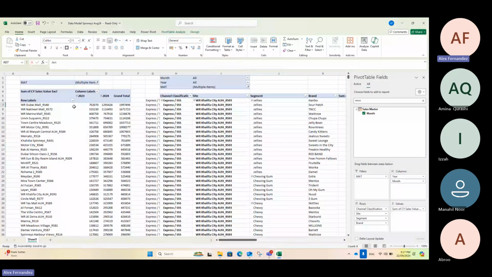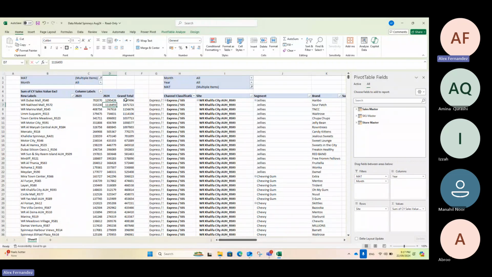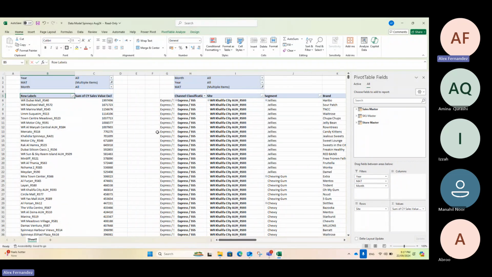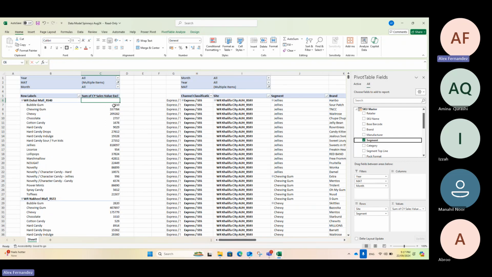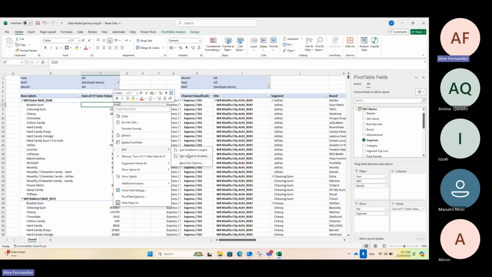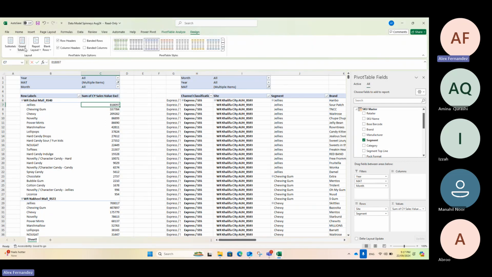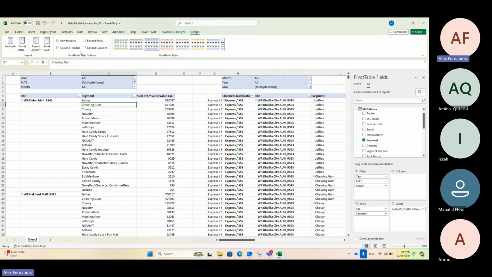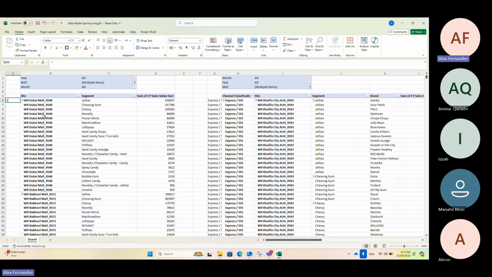Good. So here we understand on MAT level, let's remove the month and let's remove the year. On MAT level, this is the size of the total store. So what do we do here? We put the segment. Let's sort by largest and do it in a tabular format. And we do concat of store, segment only.